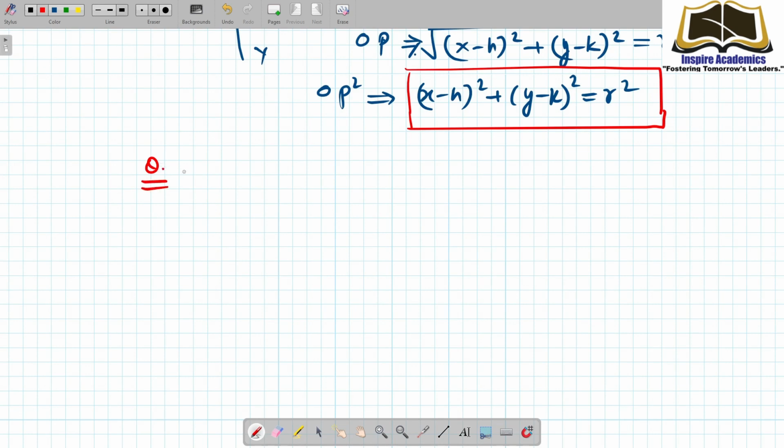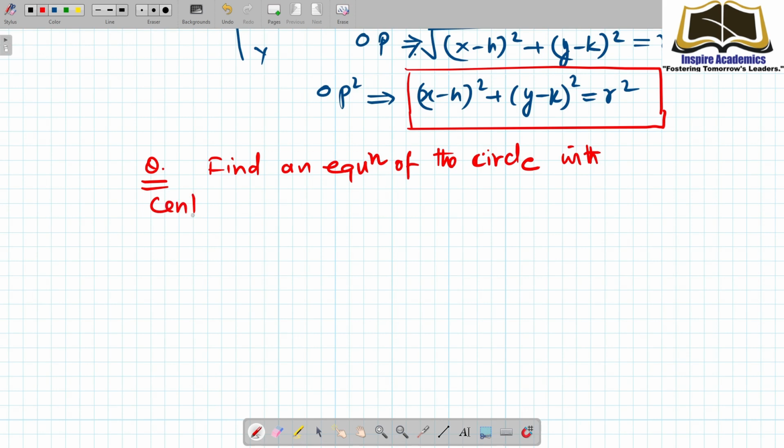Let us do one question. Find an equation of the circle with center at 0, 0 and radius r.